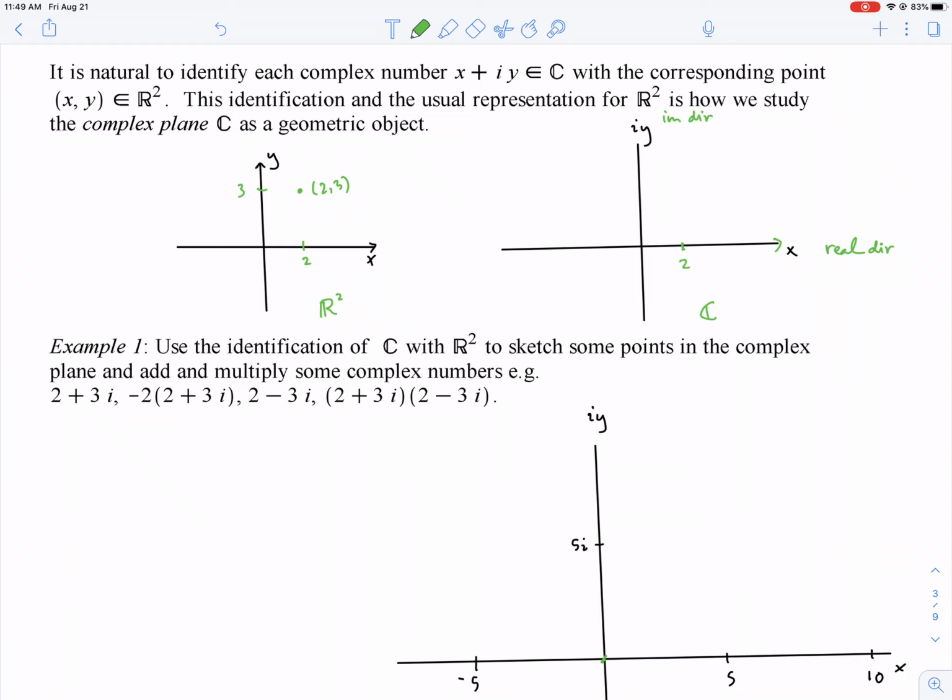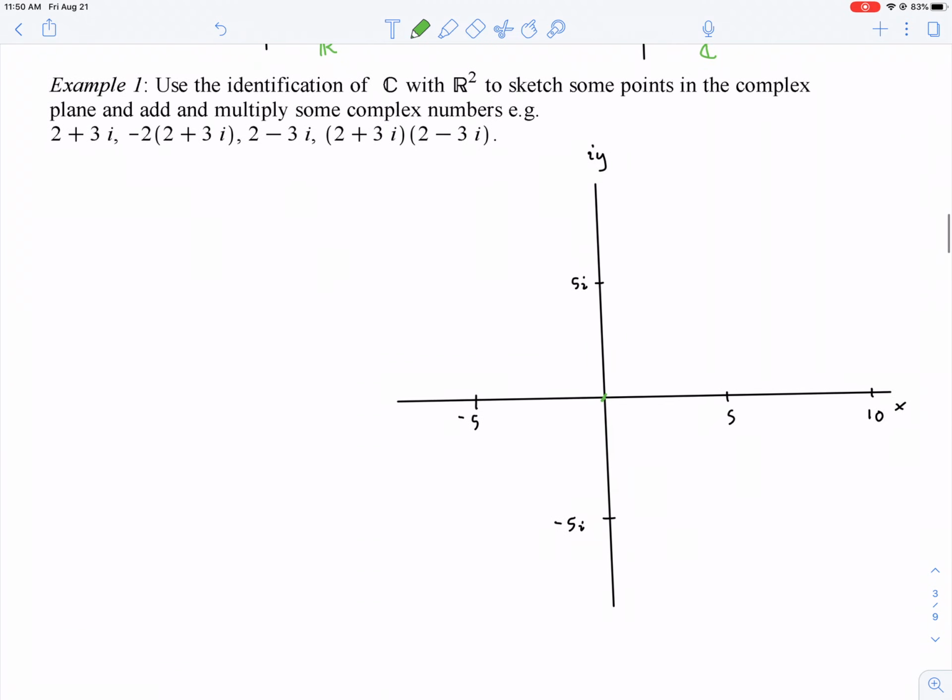So if we go 2 in the real direction, followed by 3 in the imaginary direction, we will come to the complex number 2 plus 3i. So you can see as a geometric object, these two things are really the same. We're just labeling the points slightly differently.